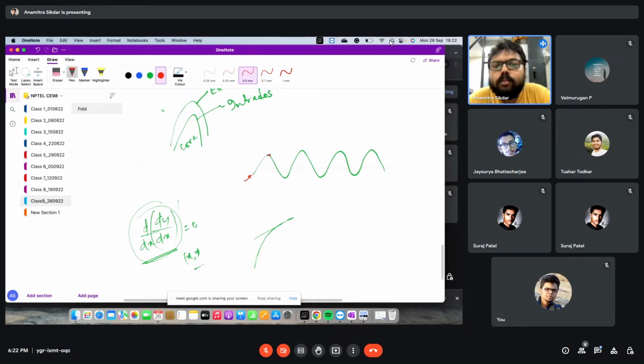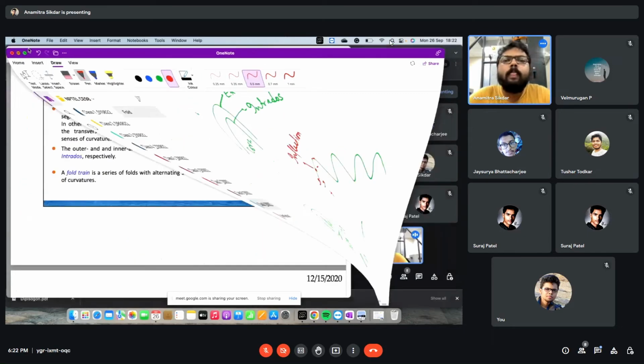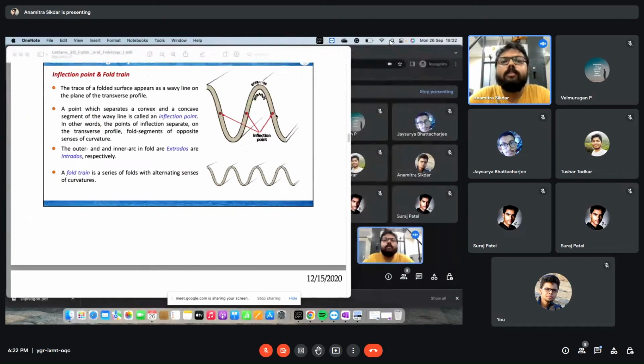And here the slope is almost 0, and then again the slope is increasing. So there is a point in between at which the slope will neither decrease nor increase, right? That point is called the inflection point. It's a common term. So these points are called inflection points, where the slope is neither increasing nor decreasing, right?